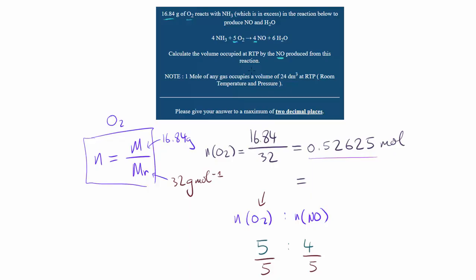We're asked what the volume is specifically at room temperature and pressure, and we're told that at room temperature and pressure, 1 mole of any gas will occupy 24 decimeters cubed. That tells us that for any molar amount we've calculated for our gas at room temperature and pressure, if we multiply that value by 24, we get the volume occupied.